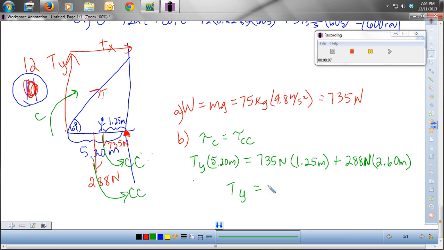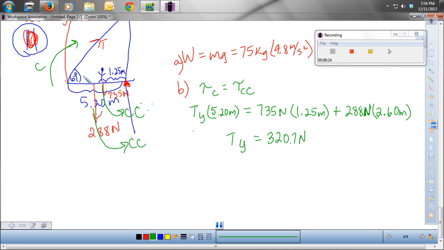But that's not what they're asking me for. They're asking me for T. Well, I have a triangle. If this is 67, this is 23, if I remember correctly. So I can say the cosine of 23 degrees is equal to Ty over T, or T is equal to Ty divided by the cosine of 23.